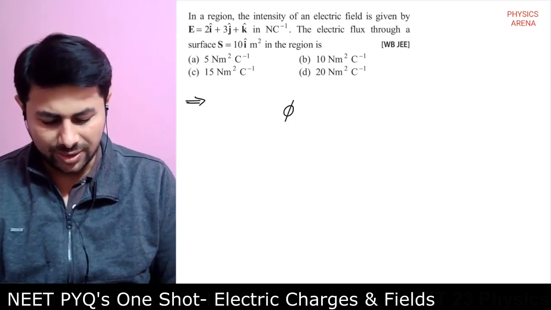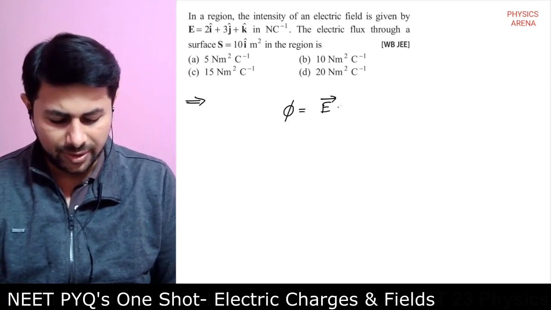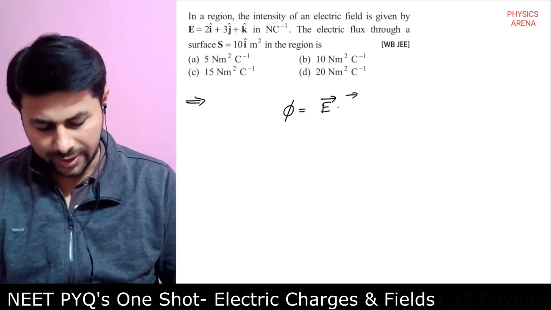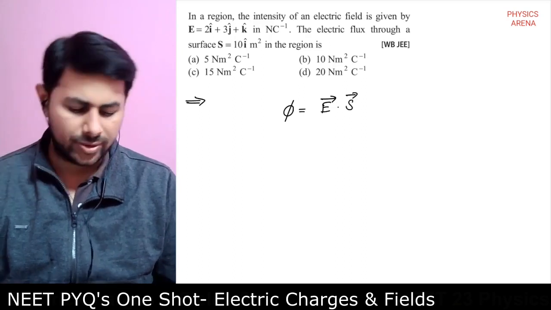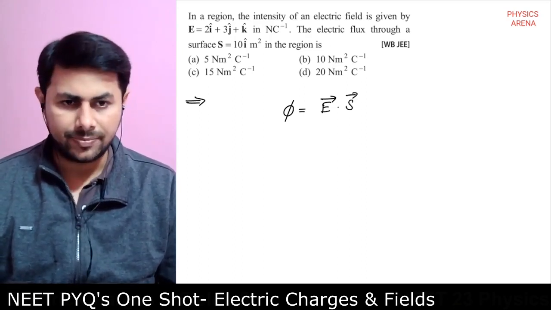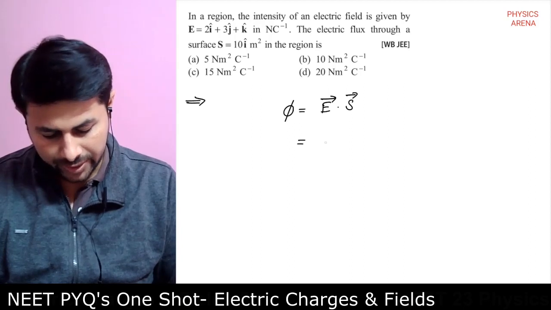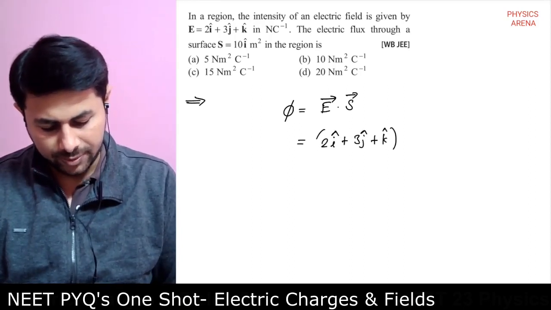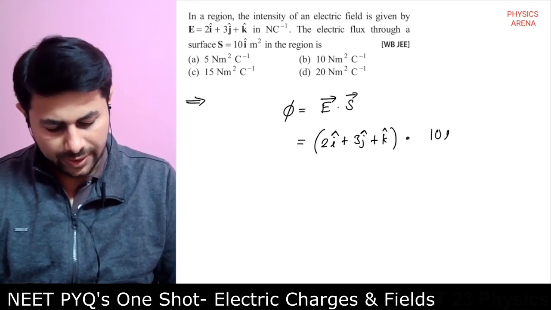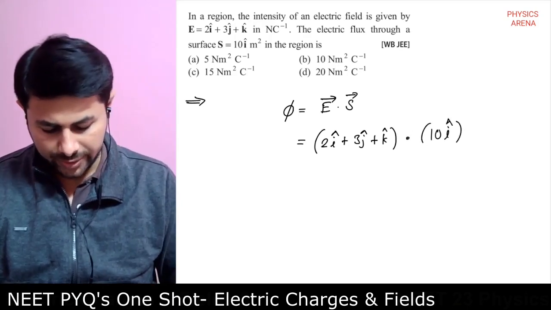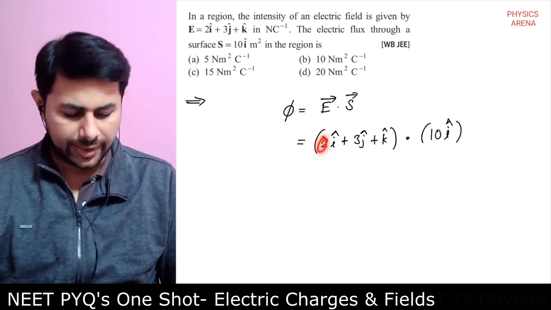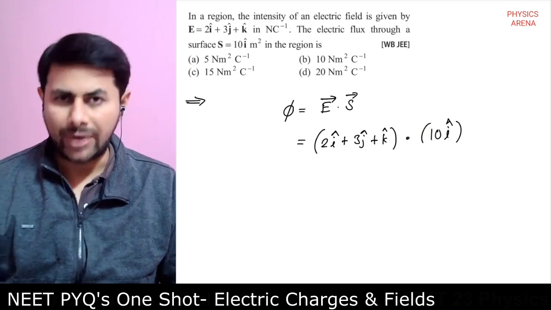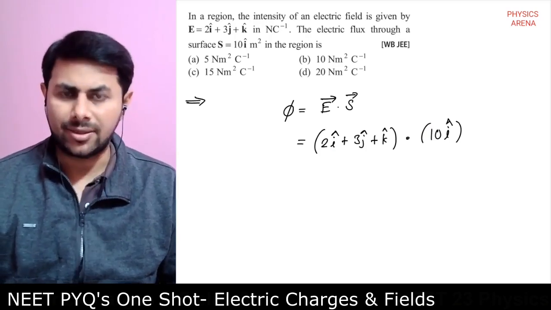So we know flux is equal to what? It is the dot product E bar dot A bar, or here the area vector is denoted by S, so it is E bar dot S bar. So it is 2i cap plus 3j cap plus k cap dot product with 10i cap. So it is x component multiplied by x component, y component multiplied by y component, z component multiplied by z component.